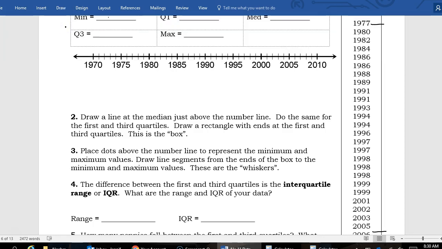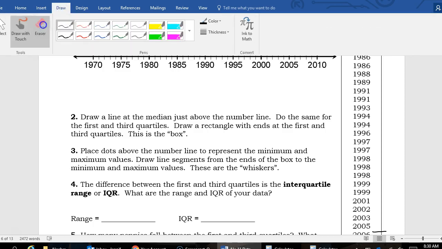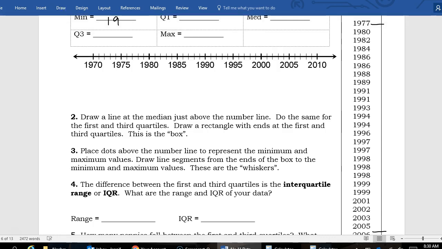So my minimum value is 1977, and my maximum value is 2006. I remember this from the page before, but I'm going to do the work again.